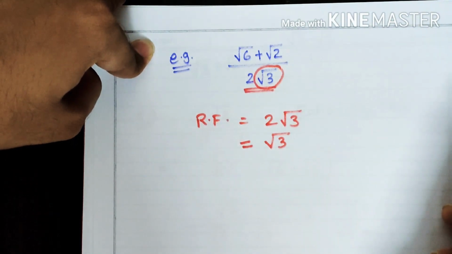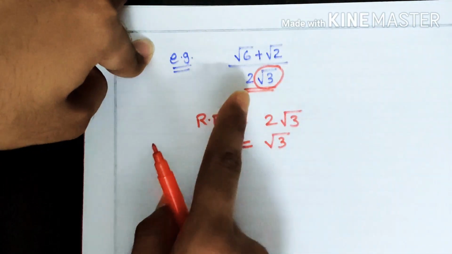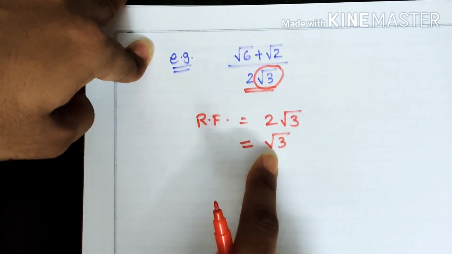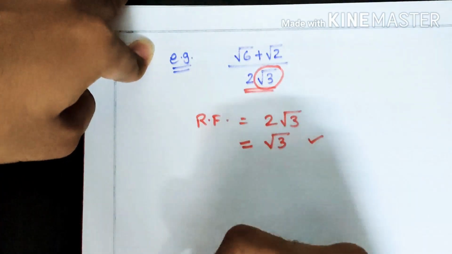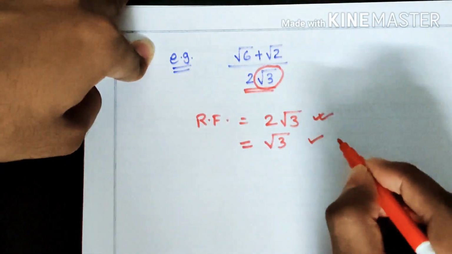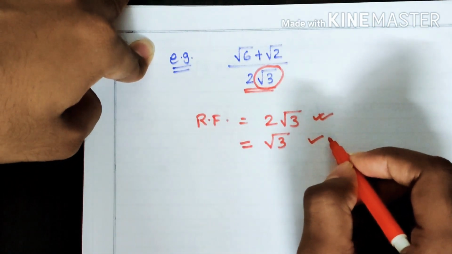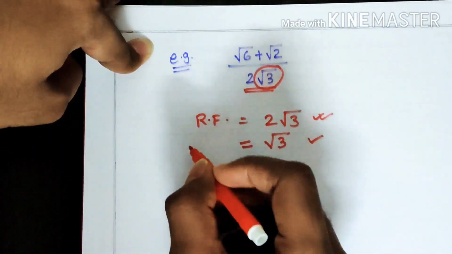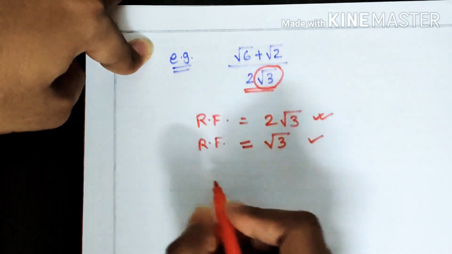Is it clear? So we must take root 3 as the rationalizing factor. You can also take the other, but the correct one is root 3 only. Okay. So our rationalizing factor is root 3.